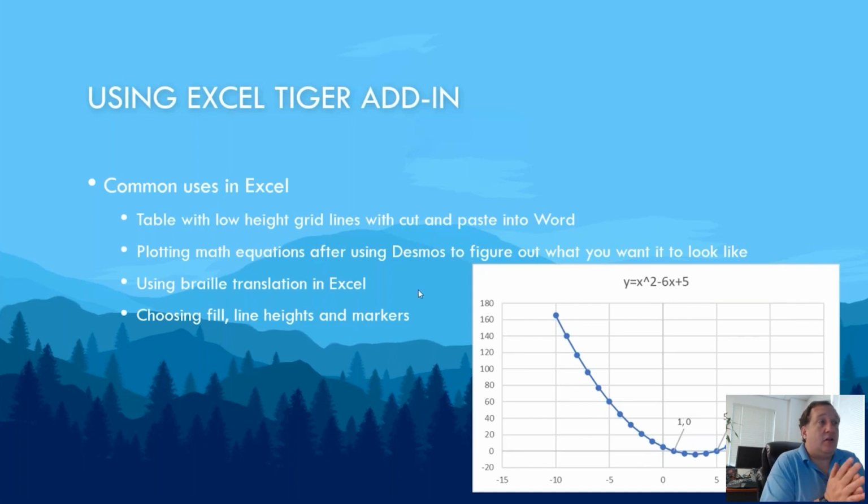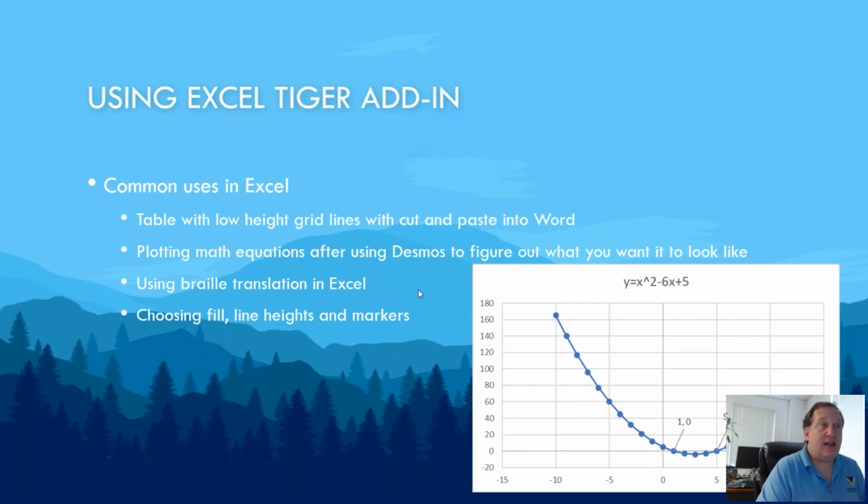So really, I think that one of the most common things I use Excel for is just creating tables, because again, you have all the auto continue type features, the sum and average things. So if you're doing test scores or whatever, it's really easy to do tables, cut and paste that table back into Word.